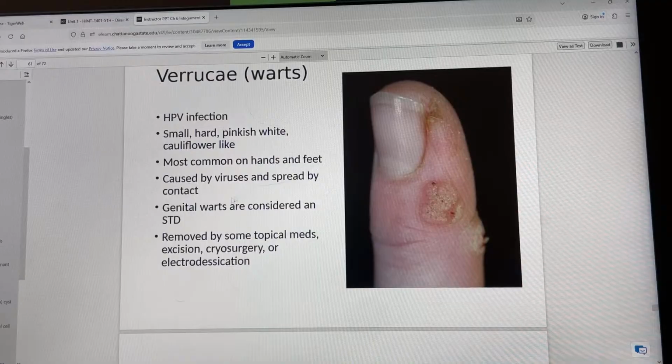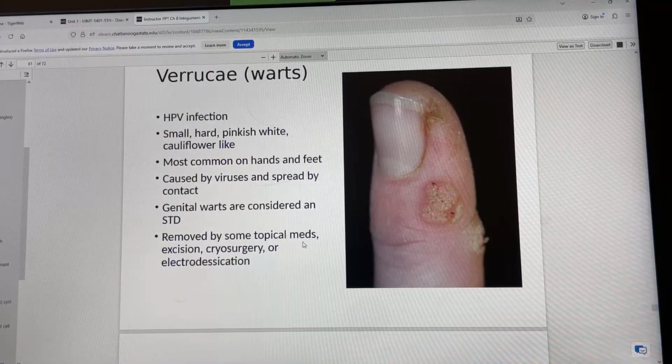They're spread by close contact, and very common in kids, again, because kids are nasty, right? They're touching everything, touching everyone. If you get genital warts in the genital area, it's the same virus, but it's considered an STD, because people shouldn't be touching down there unless they're engaged in sexual intercourse, right? So that's why it's a sexually transmitted disease.